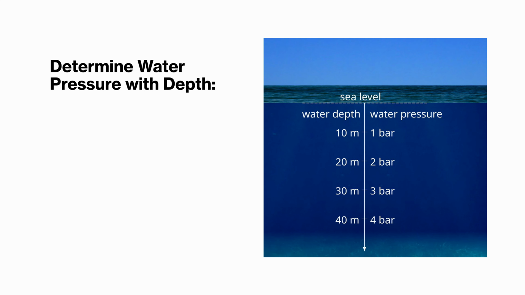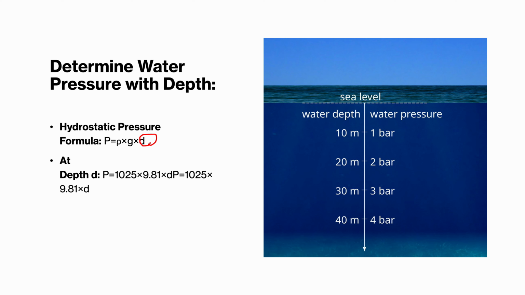So what is the next factor? We want to determine the water pressure at depth and see how deep we could go. The water pressure is found by multiplying the water density, gravity, and the distance we could travel. So in this equation, our unknown is the distance. So we need to have the water pressure and other variables.